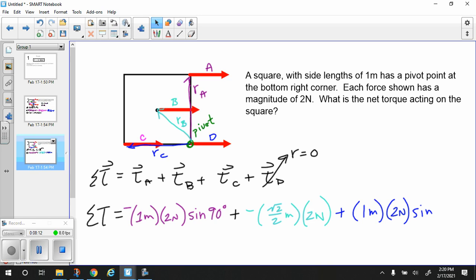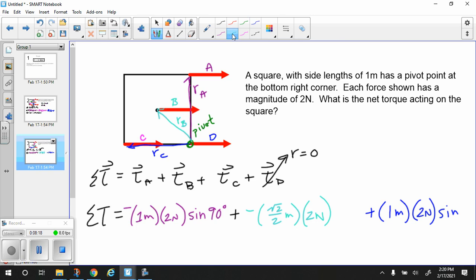I'm so sorry. I forgot my sine on the last one. Sine of 135. Okay, so then this one, it's a sine of 180 degrees. And what's the sine of 180 degrees? 0. So this whole piece right here is 0.